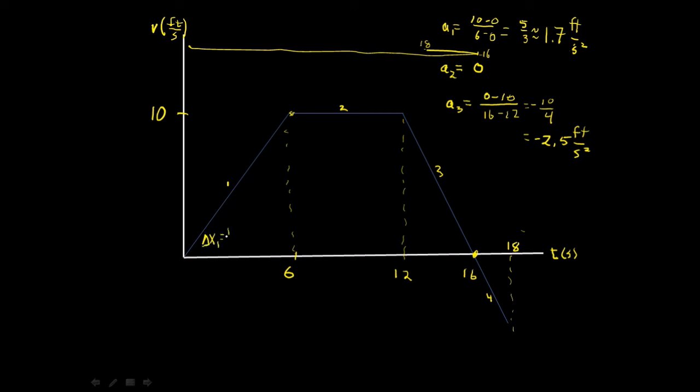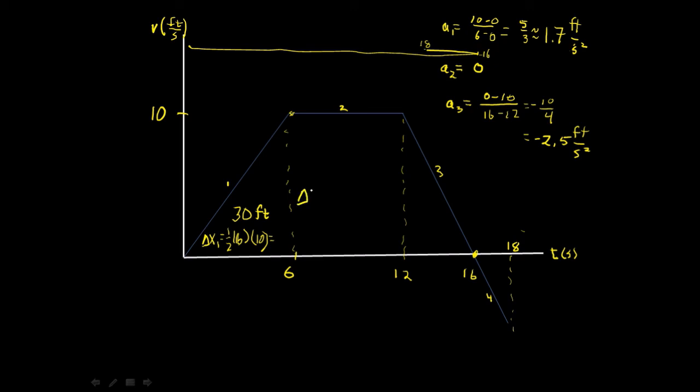Triangle, so it's 1/2 times the base, 6, times the height, 10. Half of 60 is 30. Note the units. 6 seconds, 10 feet per second. Seconds cancel out. That's 30 feet. So it moved 30 feet in that amount of time.